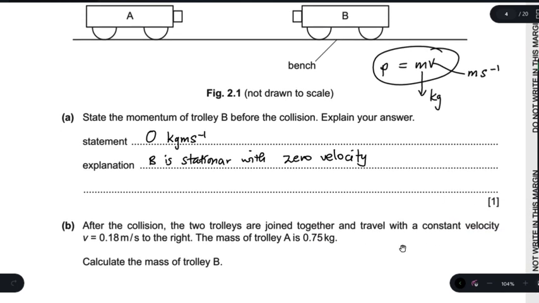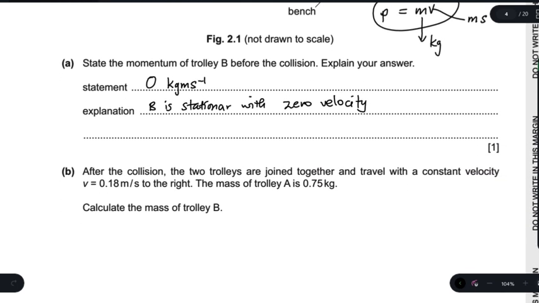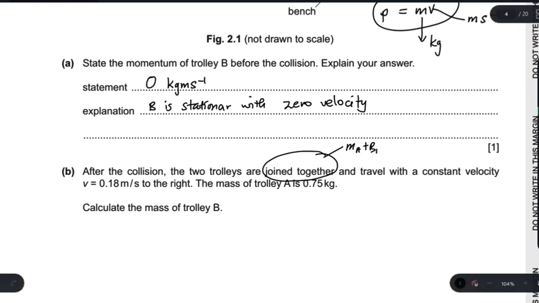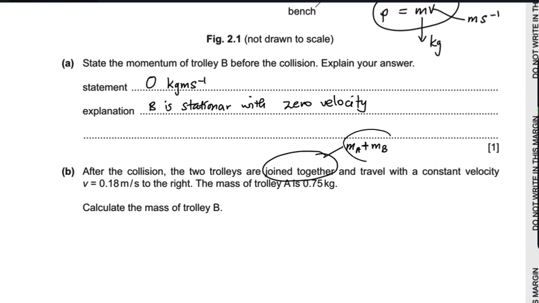After the collision, the two trolleys are joined together. So if these two trolleys have been joined together, it means that after collision we are going to be adding their masses, mass of A plus mass of B. They become one object after collision, and they will definitely move with the same speed because they'll be moving together.